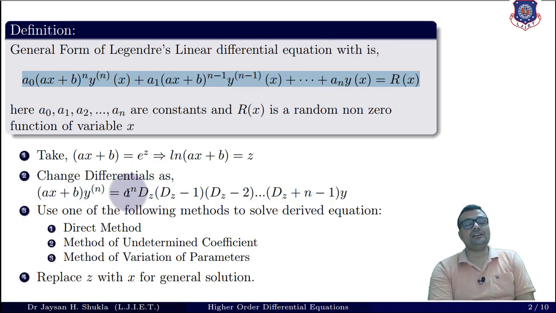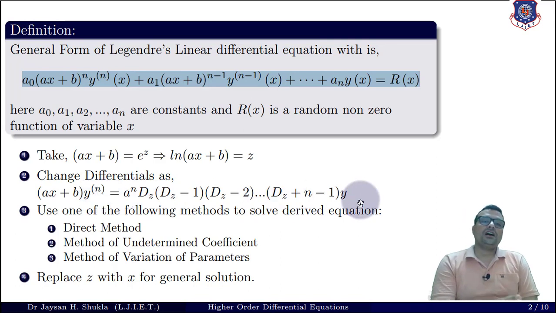It will give you a raised to n times D_z (D_z minus 1)(D_z minus 2) up to (D_z plus n minus 1). Actually there are n D terms, and over here we have the nth order derivative.